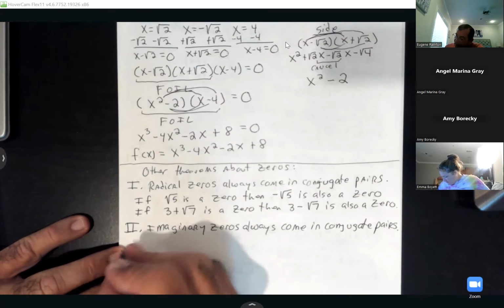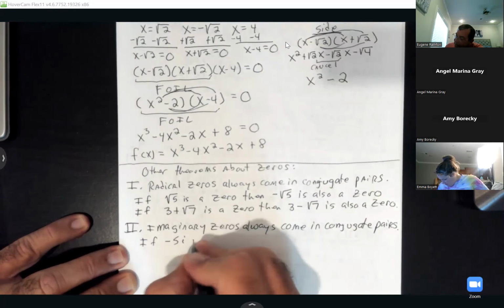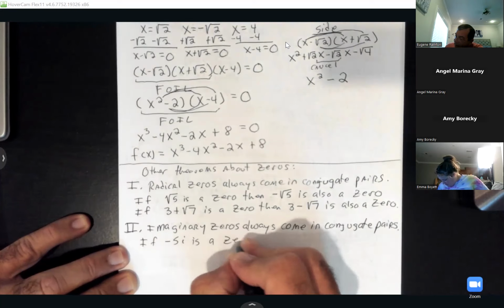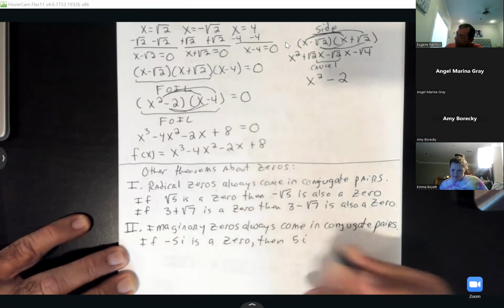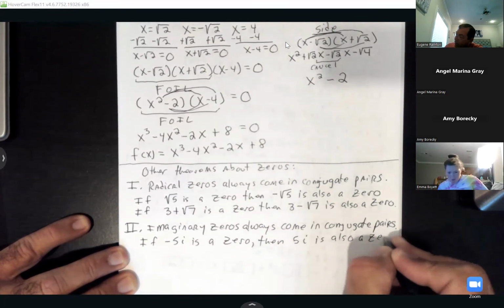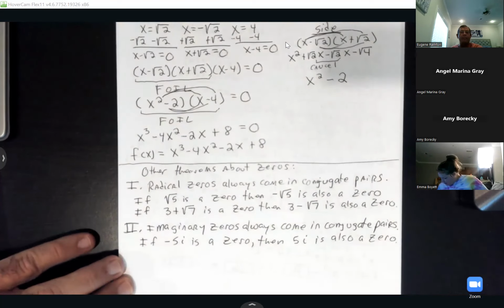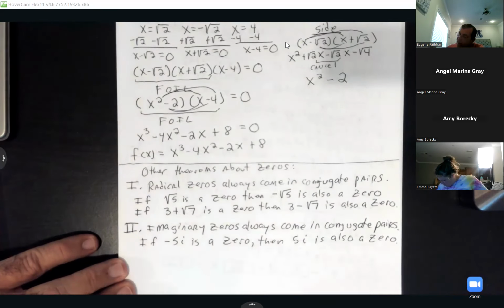So what I mean by that, if a negative 5i is a 0, then a positive 5i is also a 0. Okay, so it could be a negative 5i. That automatically means that a positive 5i is a 0.